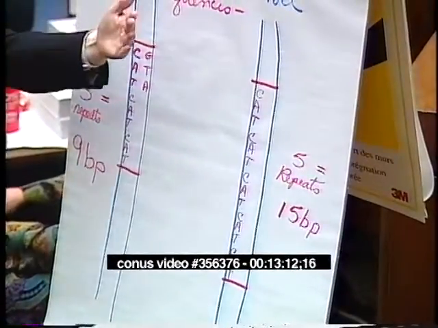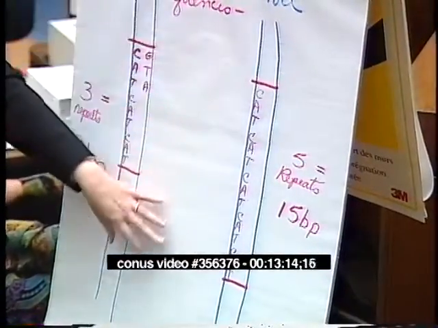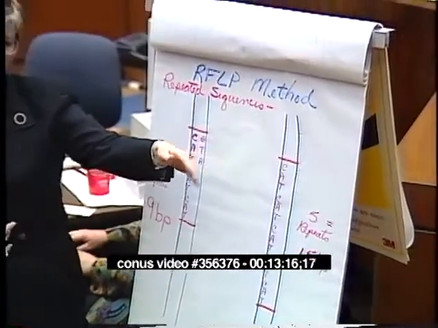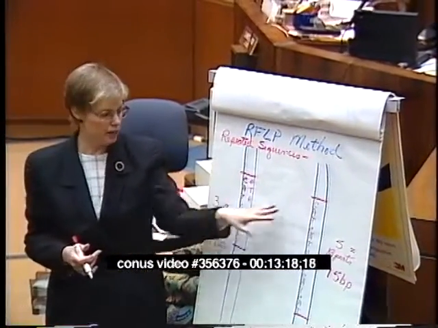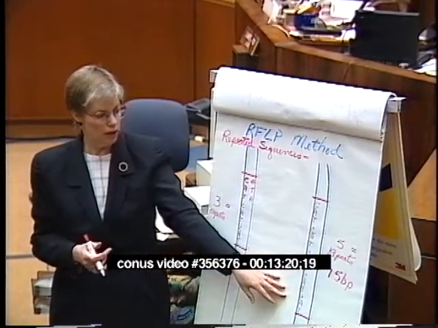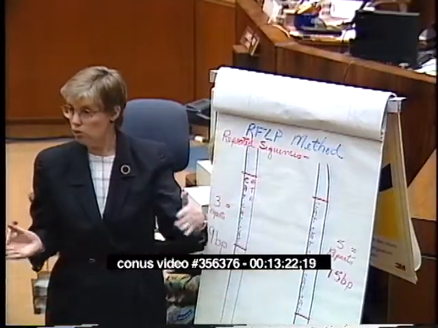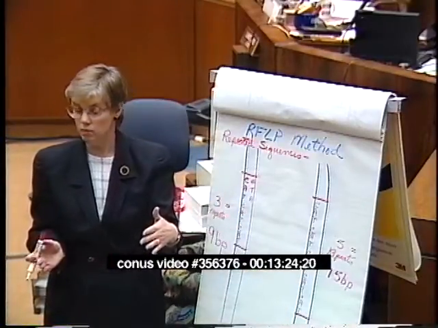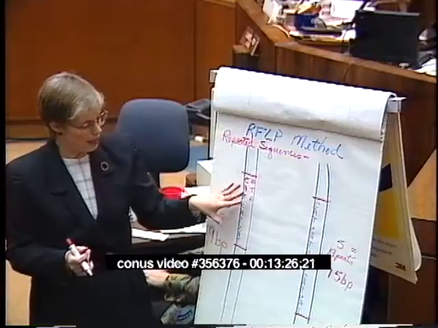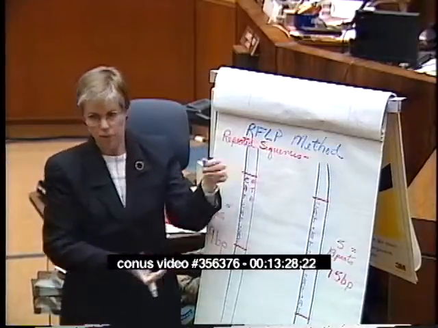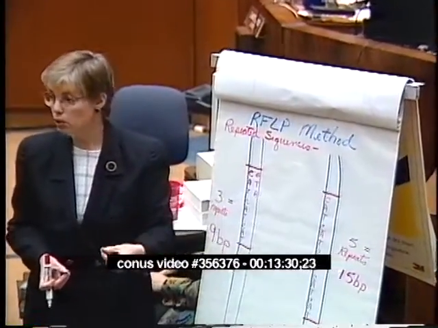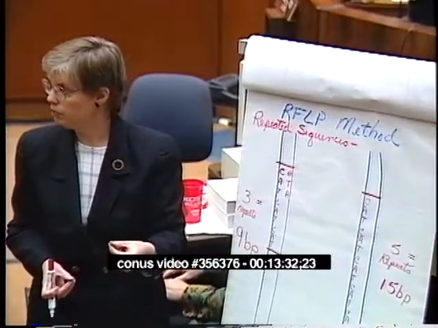So, if we had another person, and we could make another diagram just like this, if they had a chromosome that had 10 repeats, that would be a section that was 30 base pairs. So it's those lengths that are different from person to person.